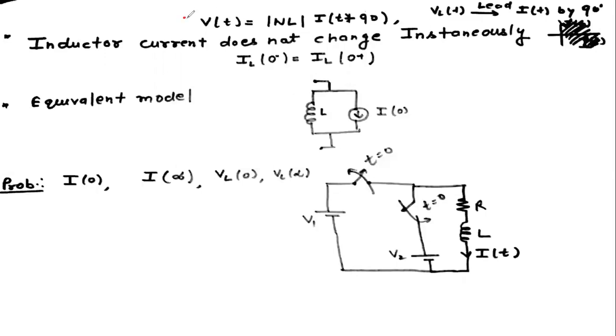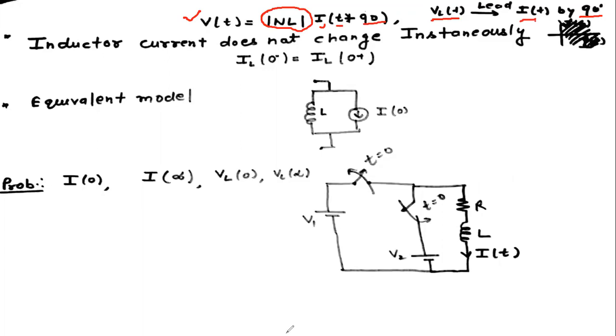So the current is multiplied by omega L, the reactance of the inductor, and because j omega L always gives 90 degrees, the current is added with an angle of plus 90 degrees. So the important point is this: in case of an inductor, the voltage across the inductor leads the current by 90 degrees, while in case of a capacitor, the voltage across the capacitor lags the current by 90 degrees. That is a very important thing.